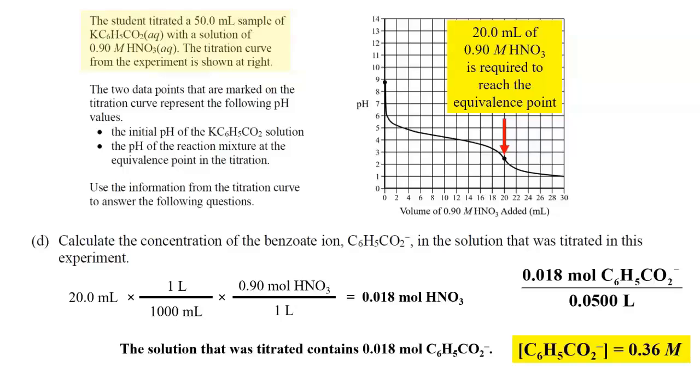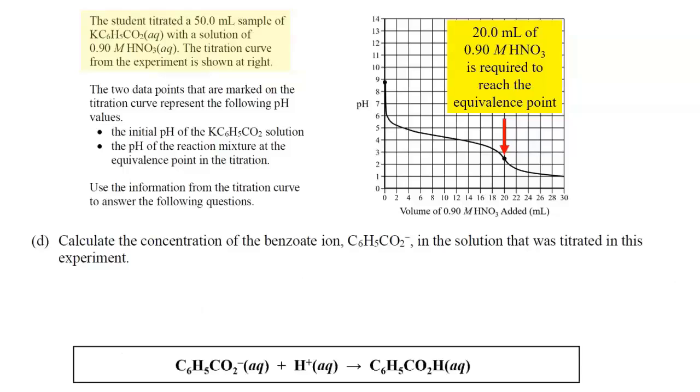Now, you may recall in an earlier video when I was talking about how you would do titration calculations, there is another technique that will give you the same answer. Let me go ahead and show you that. If you have a 1-to-1 mole ratio between the acid and the base, you can take this approach and you should get the same answer.